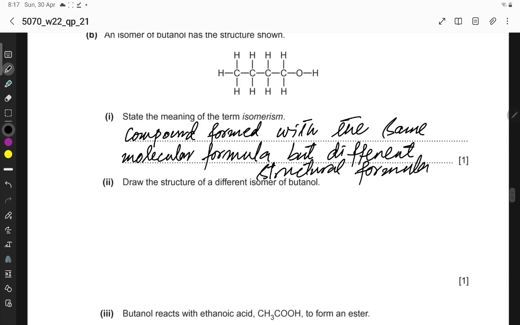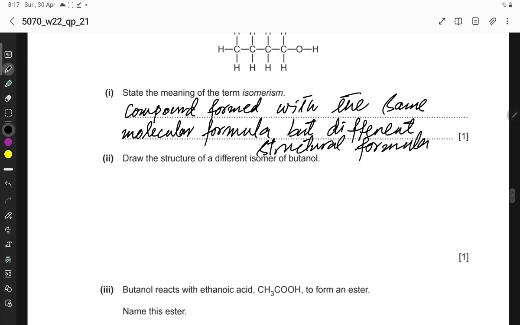Draw the structure of a different isomer of butanol.